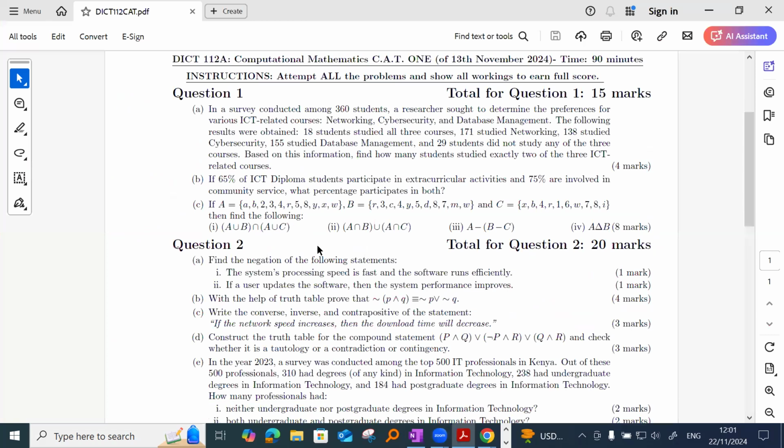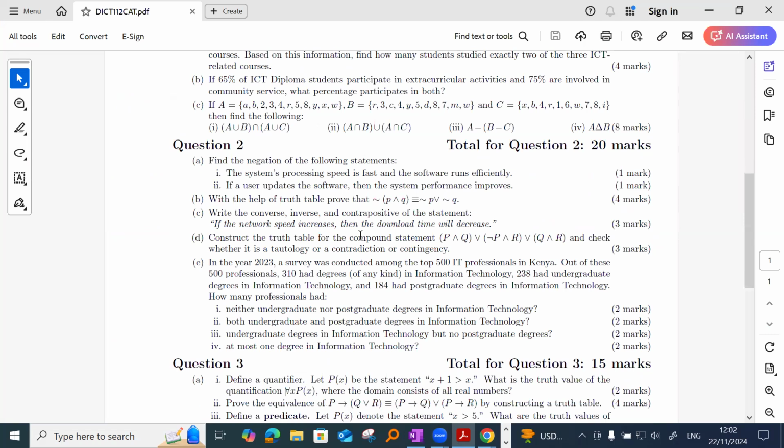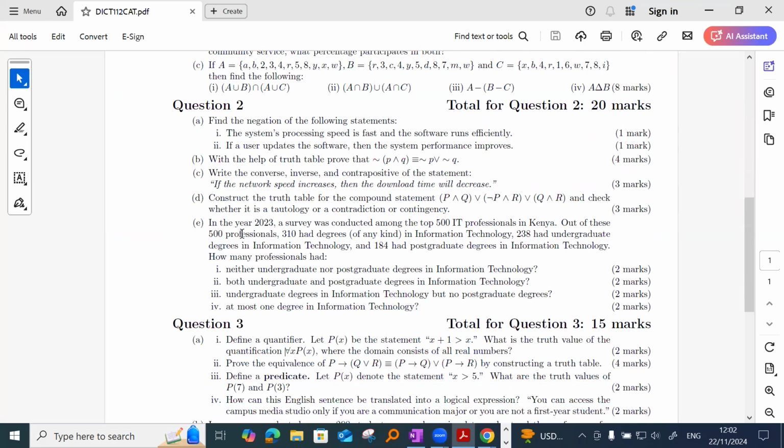Now, questions. I want us to deal with questions on sets only first before we go to the topic of logic. So skip 2A Roman 1 and 2, skip B and C. Let's go to question 2E. We are just going to deal with sets. So it says that in the year 2023, a survey was conducted among the top 500 IT professionals in Kenya.